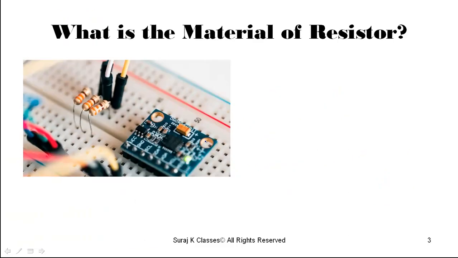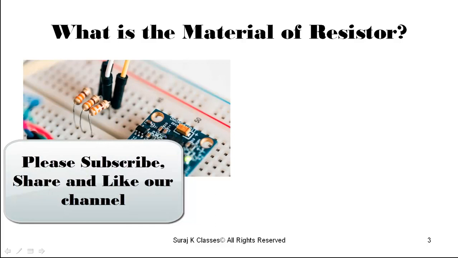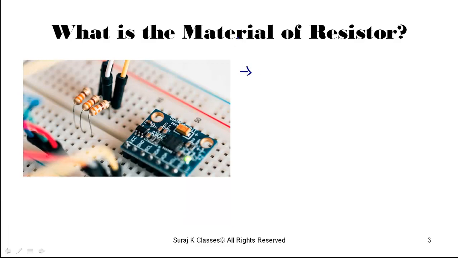Now let's move to the next slide. What is the material inside this resistor? How is this resistor made? The property of a resistor is not to stop the flow of current, not to be a barrier between one end and the other end where the current is passing.